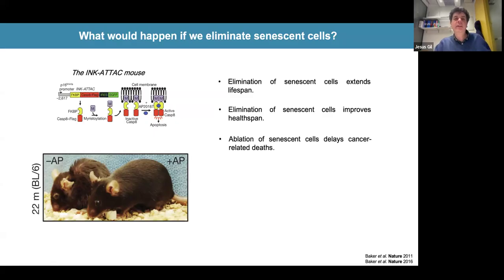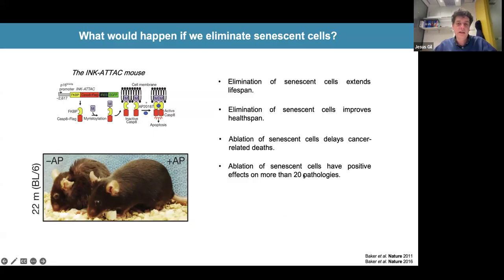But that's not the only thing that eliminating senescent cells does. So work that was shown in this paper and later on has shown that by eliminating senescent cells, you can have a positive impact in an increasing list of pathologies that includes, as I showed you before, many varied pathologies from cancer to fibrosis to neurological disorders to other types.